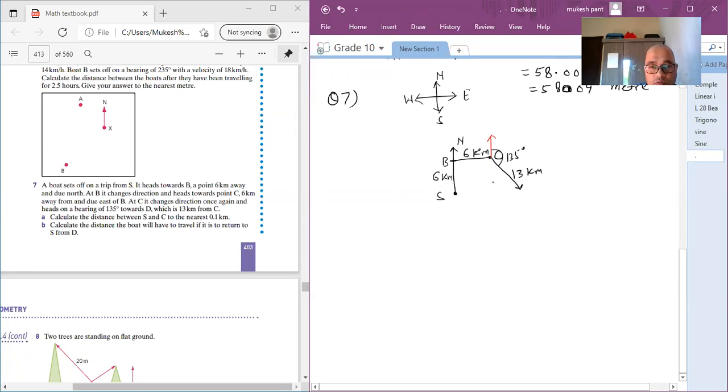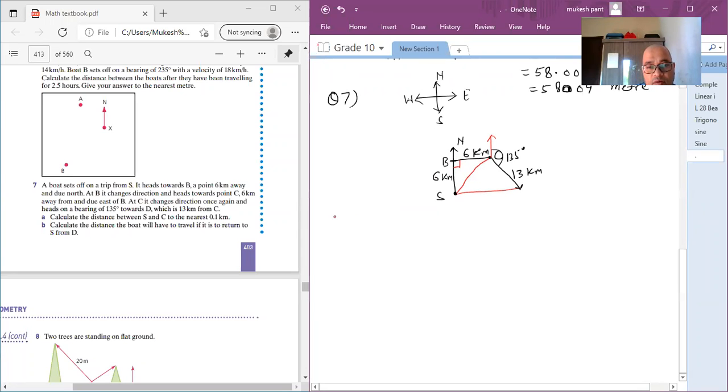Now we have to calculate the distance between S and C, and then S and D. So join S and C, and this also. When we find the distance between S and C, you see this will be a right angle, because whenever it turns due east it means a right angle.